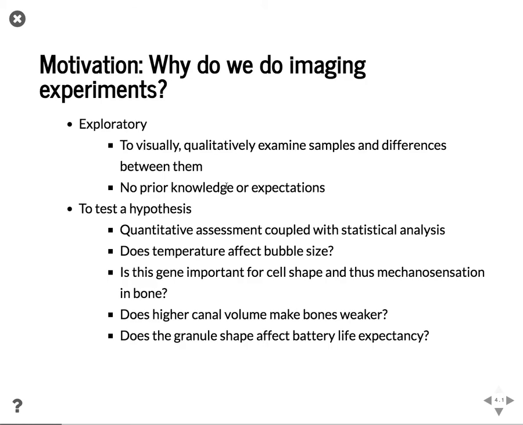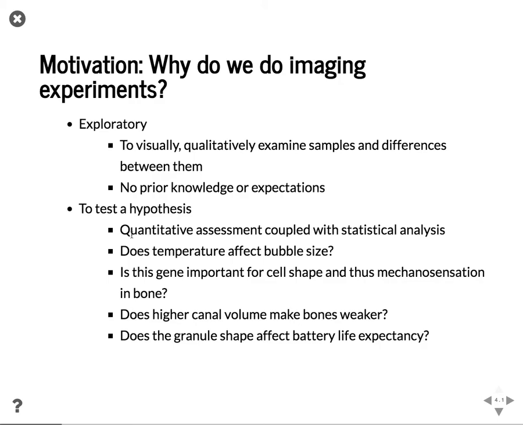The second reason we do scientific experiments is as part of the scientific method, to test a hypothesis. We have some prior knowledge, we have some expectations, and we want to actually test to see if this prior knowledge is true or not. This is where we want tools that help us quantitatively describe what's going on inside.